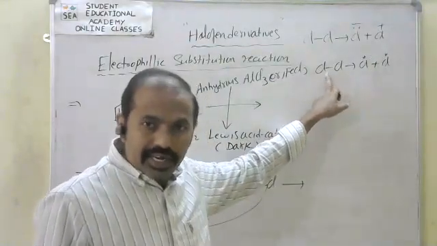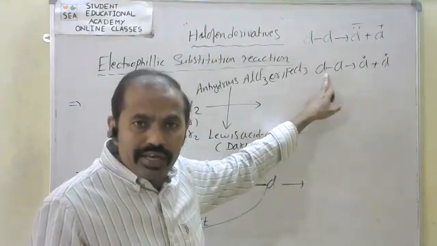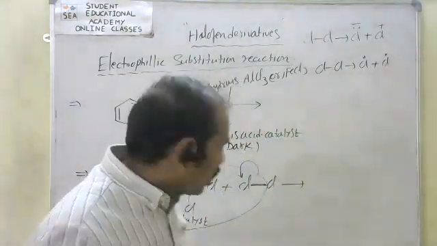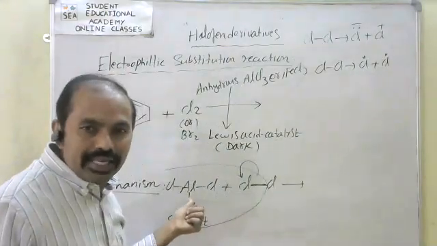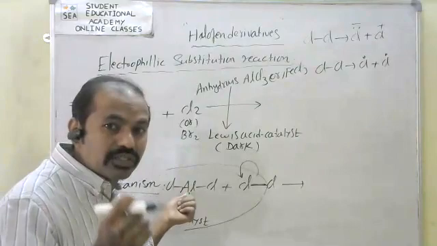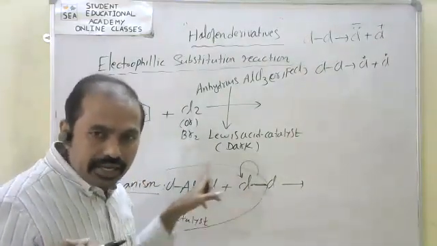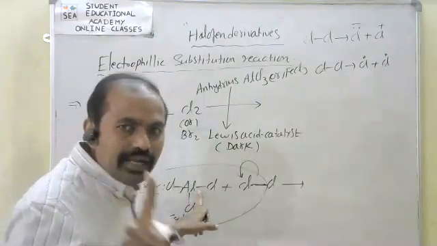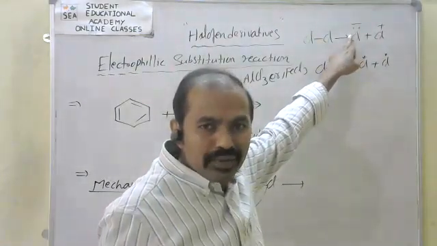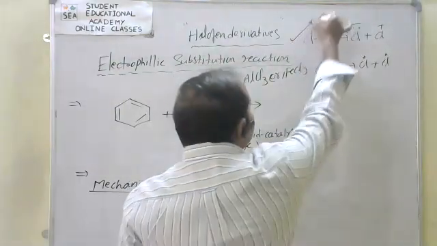So generally we expect this: when a covalent bond between identical elements breaks, we get chlorine free radicals. But here, because the catalyst requires an electron-rich, negative charge, it takes the Cl minus. In the presence of the catalyst, it is a heterolytic covalent bond breaking. Otherwise, without the catalyst, it is homolytic.